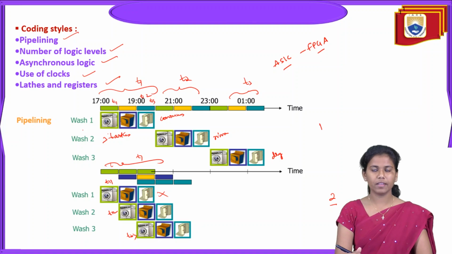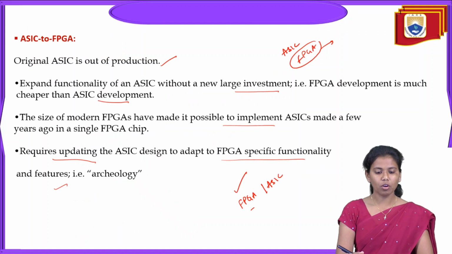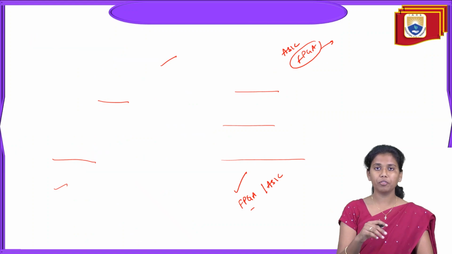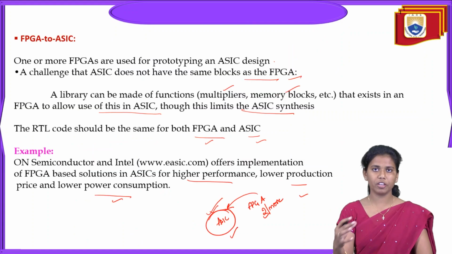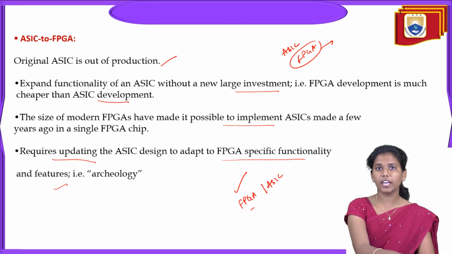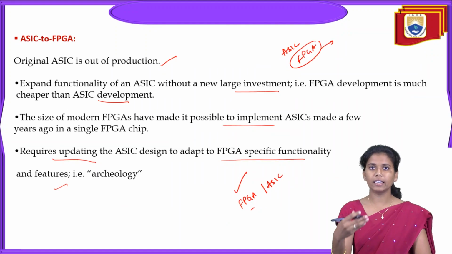These are the coding styles we have discussed: pipelining, number of logic levels, use of clocks, latches, and registers, right? Also, you have to remember that if you are switching your design from ASIC to FPGA, you will come across all the categories, with respect to the pipeline and the clock.